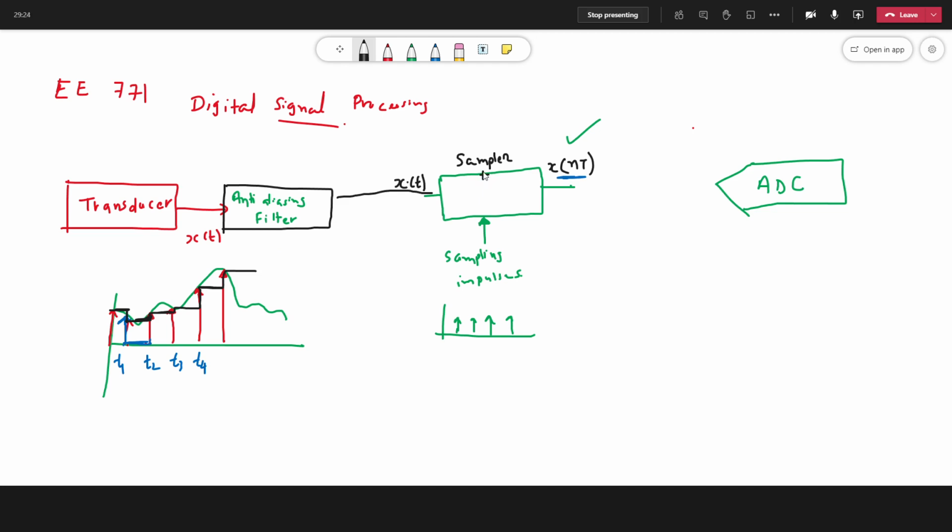So a sampler alone is not sufficient, and along with the sampler we also need a hold circuit. Combinedly, we say that we need a sample and hold circuit before we apply the discrete time signal to the ADC.